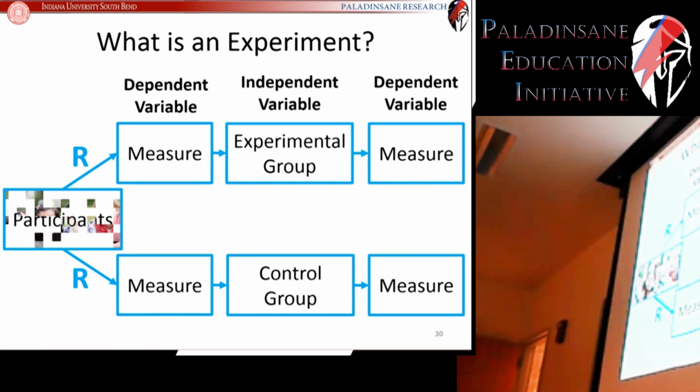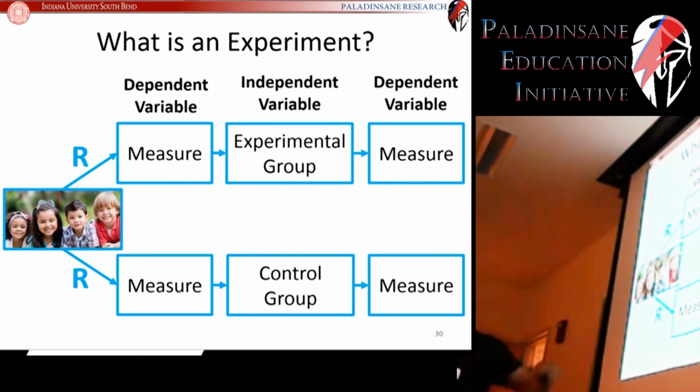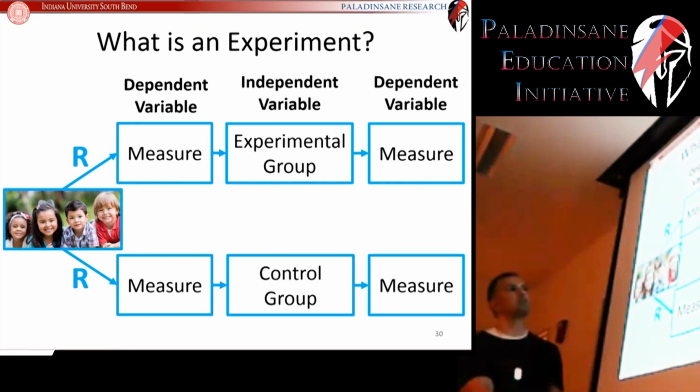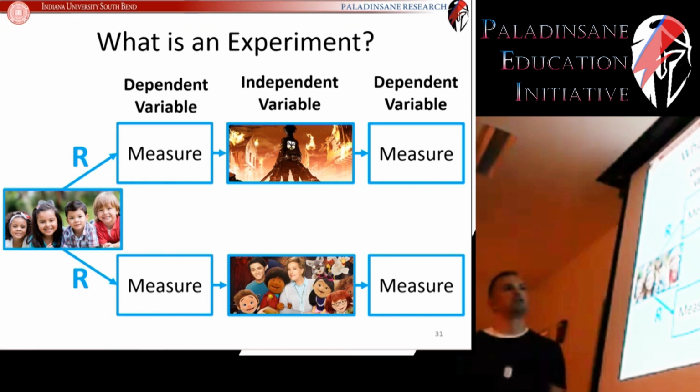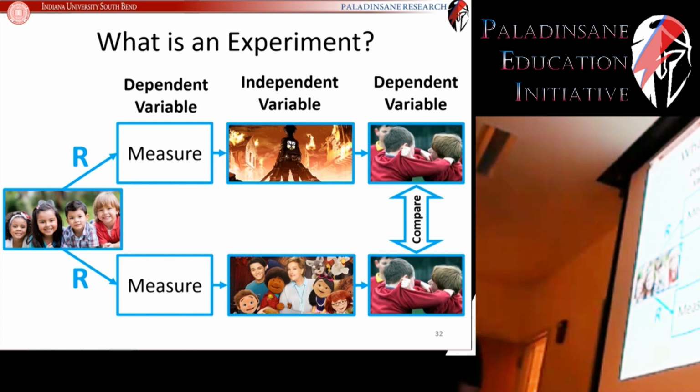So in this situation here, doing the same experiment, looking at violence on TV, once again, we would randomize these two groups, and then before exposing them to the independent variable, to the differences in TV, and before measuring their outcome on the dependent variable, we would give them a pretest.